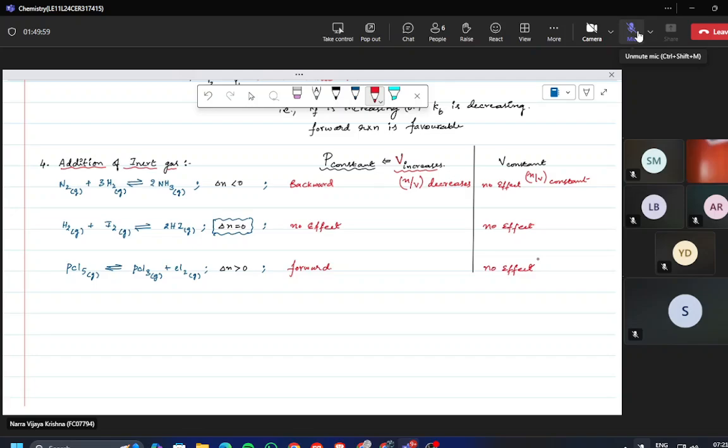If P became greater than P naught of moisture, meaning the pressure of moisture in air became greater than P naught of moisture, then condensation is favorable. Then what happens to sweat on my body? It will not evaporate. If sweat on my body is not evaporating, what happens to my body?